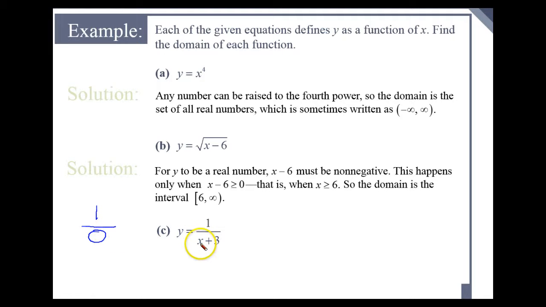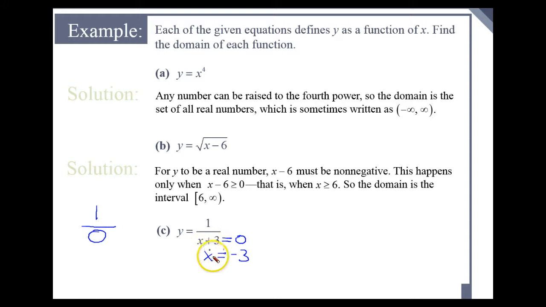So whatever value would make that denominator a 0 has to be excluded. So in solving for this, we just equate this denominator to 0, and we get x equals a negative 3. Well, if x is a negative 3, that would make this denominator a 0.